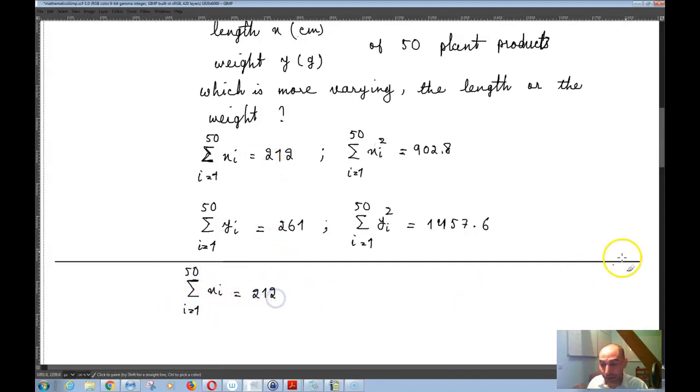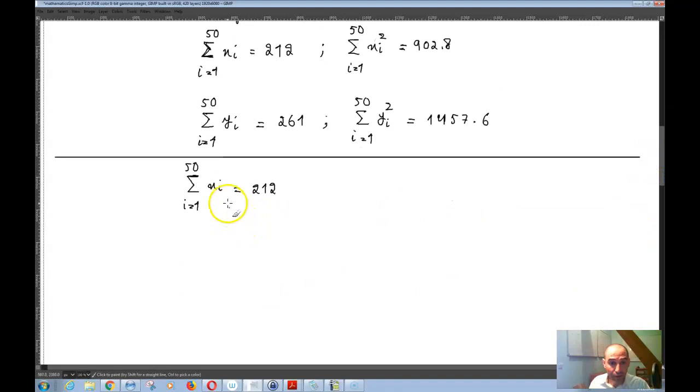Right? So what that means is that you had some x of 1 here, plus some x of 2, plus some x of 3, plus all the way up to x of 50, which was equal to 212.